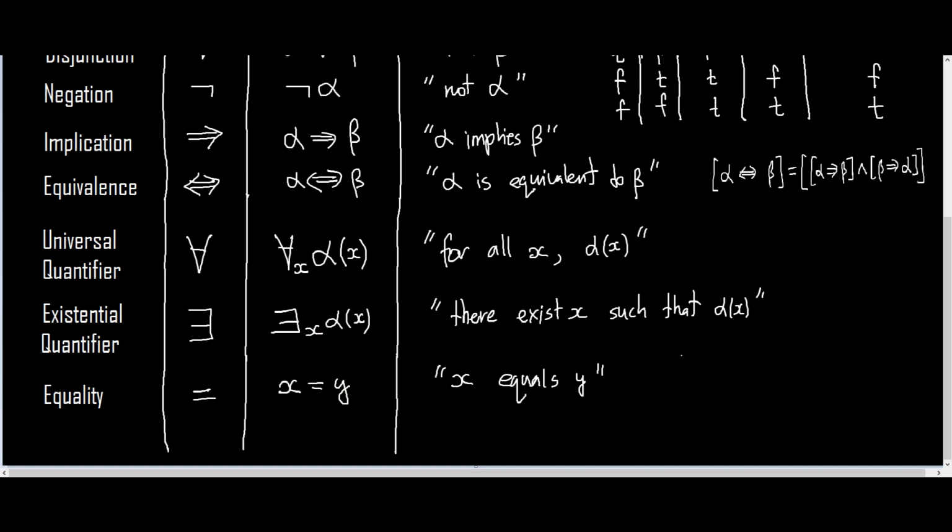And the logical meaning of this is that whatever the object is represented by x and whatever is represented by y, those two things must be actually the same object. So x and y are representing the same object. That's the meaning of x equals y.